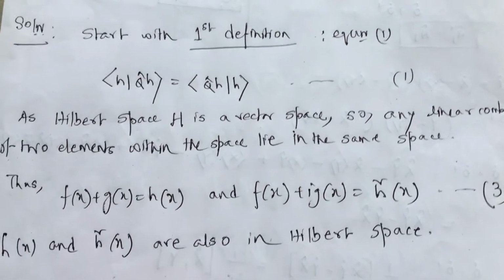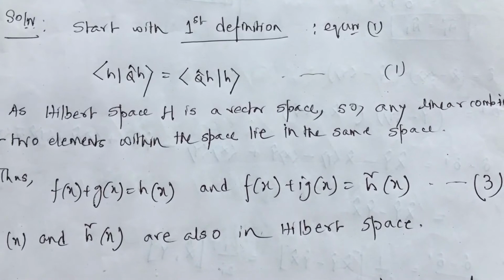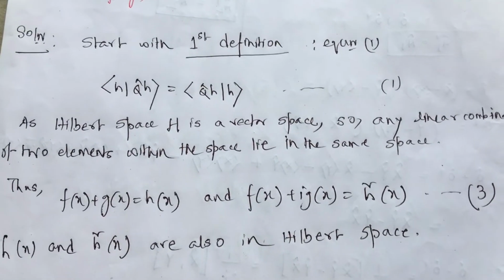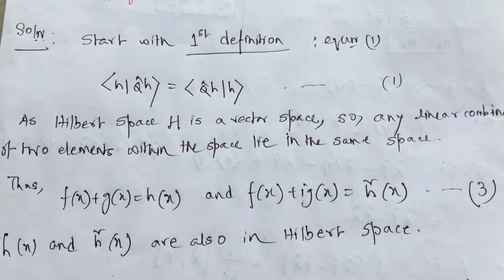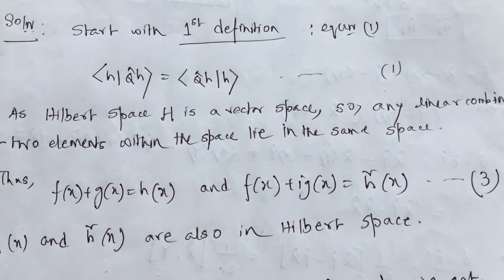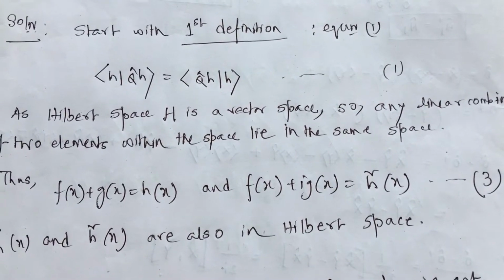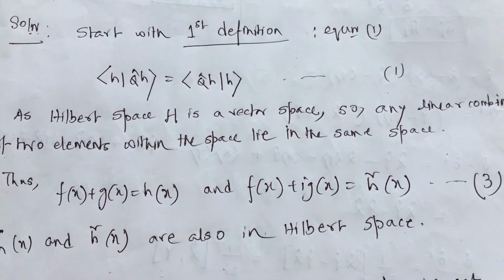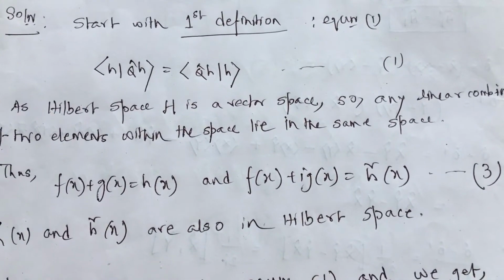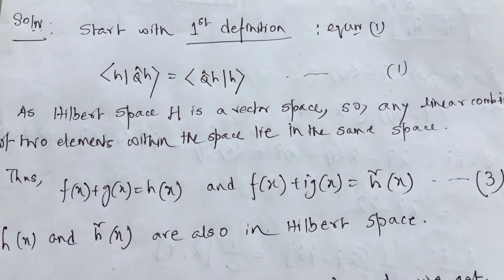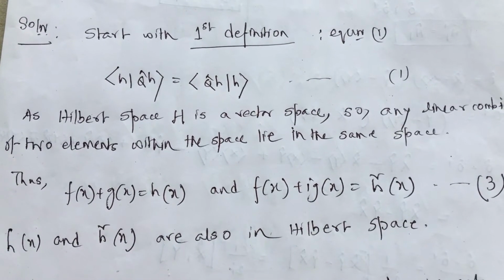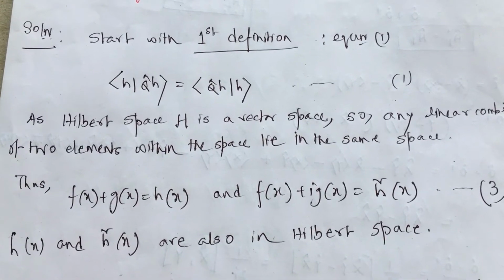Now I am starting with equation 1, the first definition of a Hermitian operator. Let me tell you something: as Hilbert space is a vector space, linear combinations of two functions within the space lie within the same vector space.